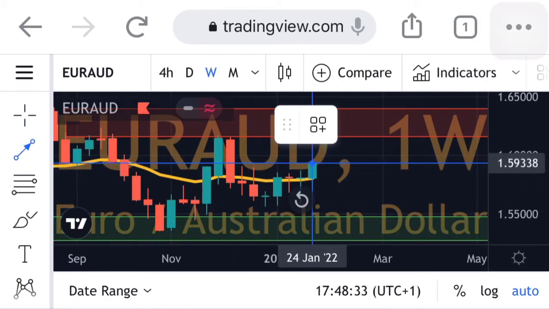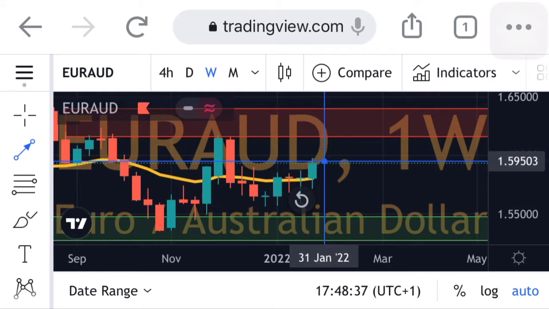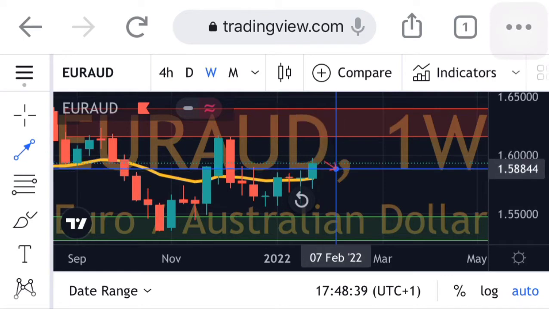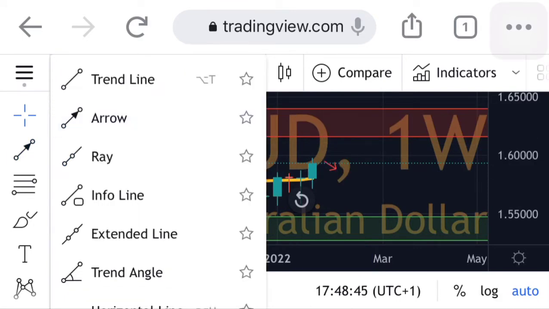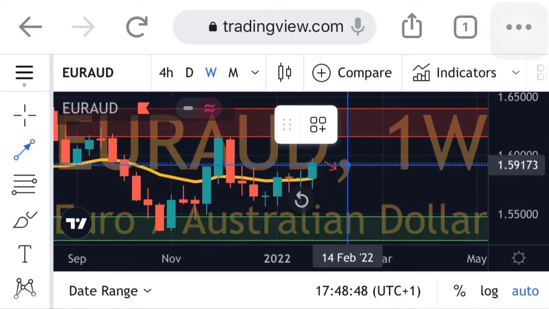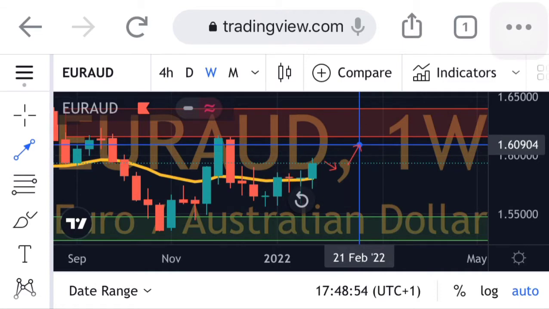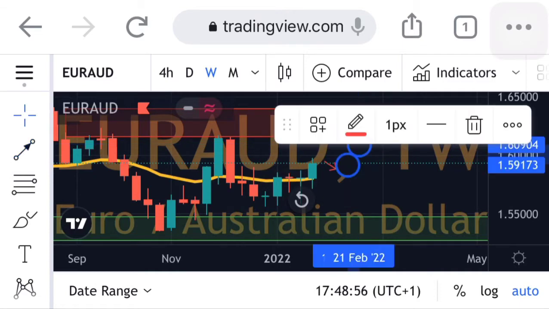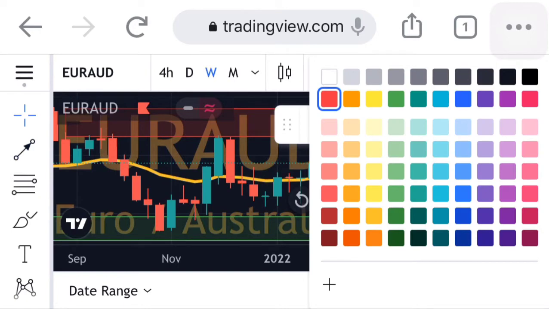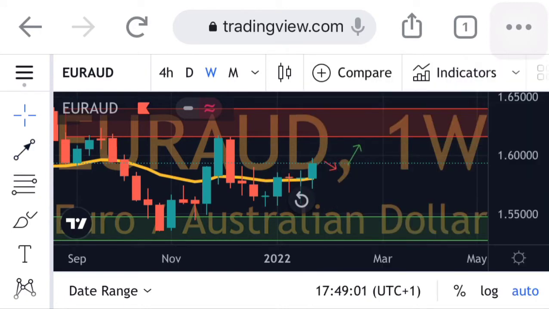We expect the price to come a little bit downwards to this level, and then find its way to the upside. Find its way to the upside. The level we're going to find out right now.